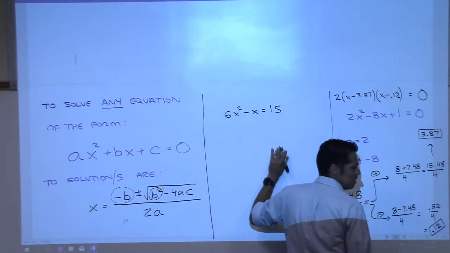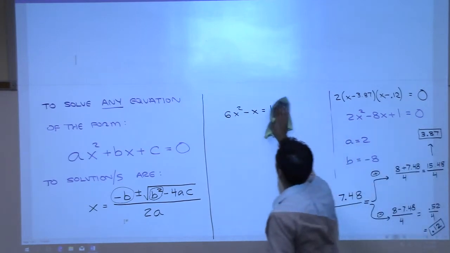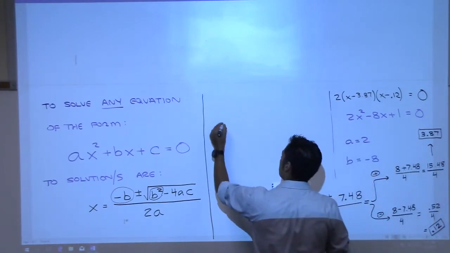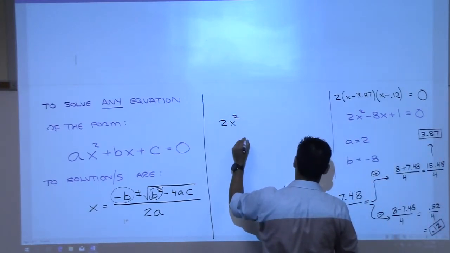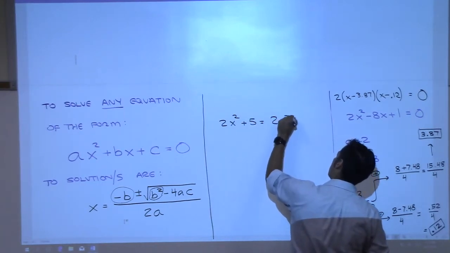No, that doesn't look familiar. Oh, that was from the homework. I apologize. We did 2x squared plus 5 equals 2 minus 7x. Correct me if I'm wrong. It's like the second problem we did today.